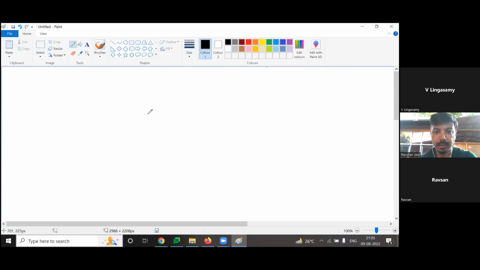For example, you have a material like this: a reflector, ground plane, and a patch like this. This has some dielectric constant, epsilon r.